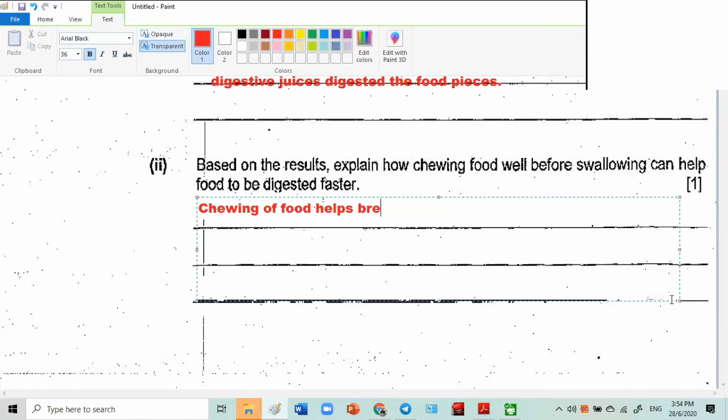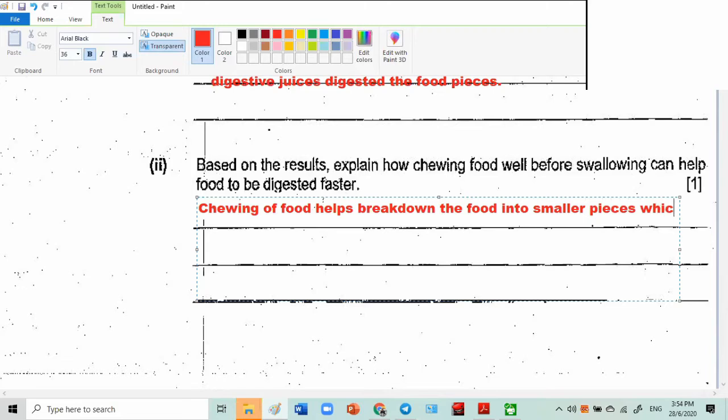So chewing only helps break the food into smaller pieces, right?